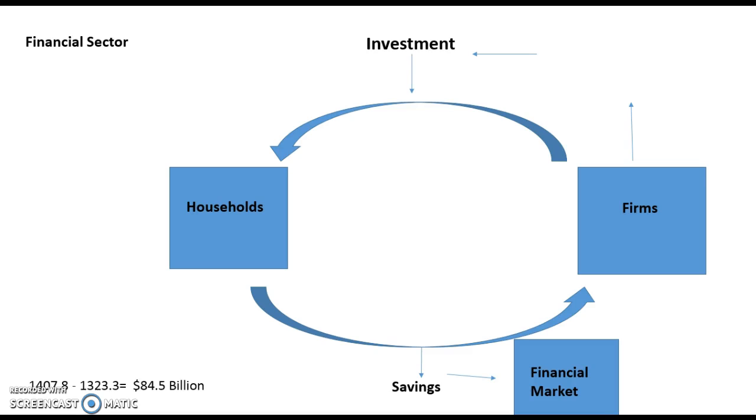The reason behind this is that households' expenditure doesn't all go to the firms like in the prior diagram. So another leakage is savings. People save their money in a place called the financial market, which is financial institutions such as banks.